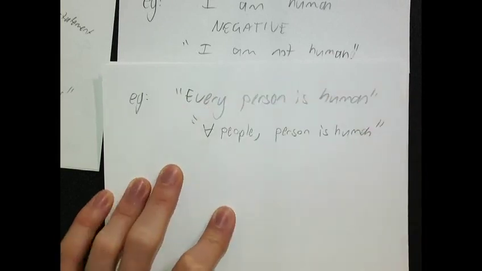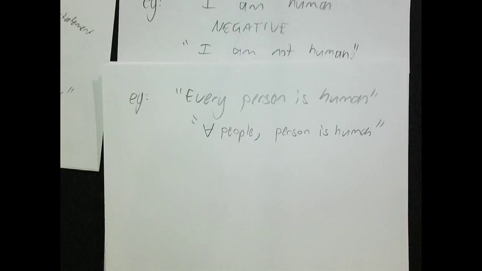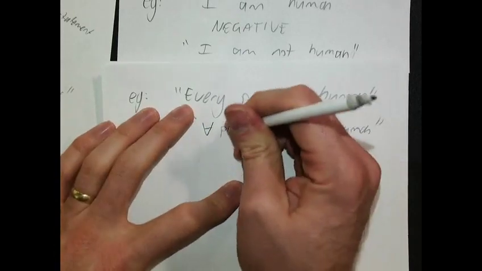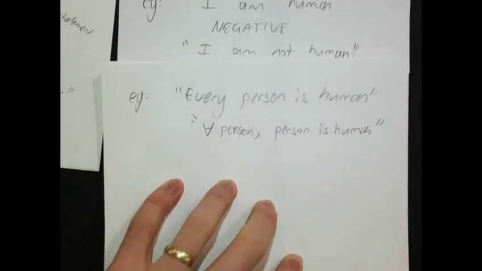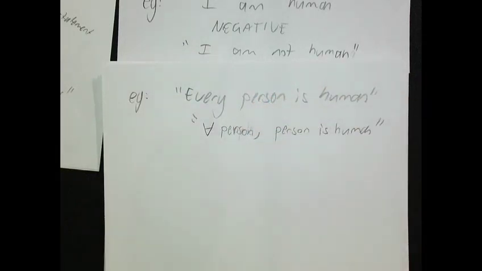Okay, that's a maths sort of way of saying it. And you wouldn't even say people, you'd probably say person in maths. So every person is human is the same as saying for all persons, person is human. Which is how you do it in maths. For all x, I'll do a maths one in a minute.